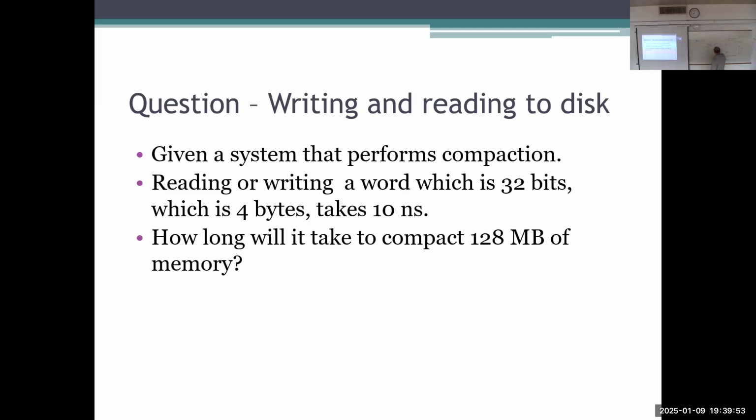Times 10 nanoseconds, that's the answer. But we have to do exactly times 2, because when we compact, we gotta read it and then write it. So it's times 2, and this number is the answer. It's 64 times 2 to the 20th nanoseconds.